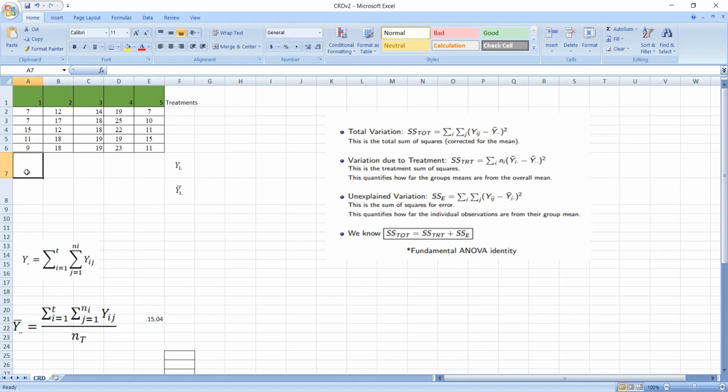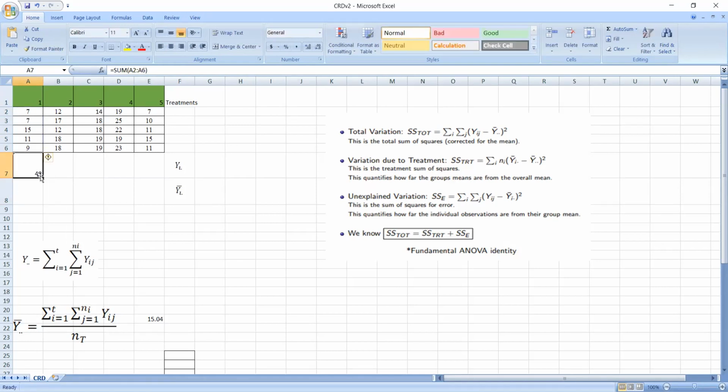If you take the first treatment and the summation of all these 5 observations, it gives you the summation of the observations of the first treatment. We can denote it by yi dot, right? So let's take the summation of these first 5 values.